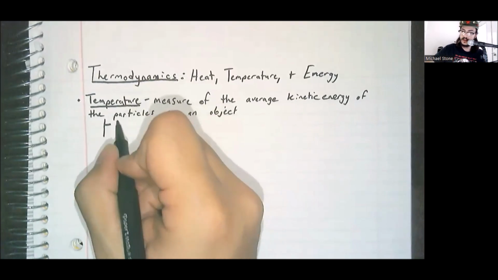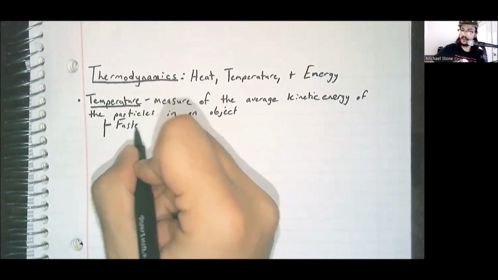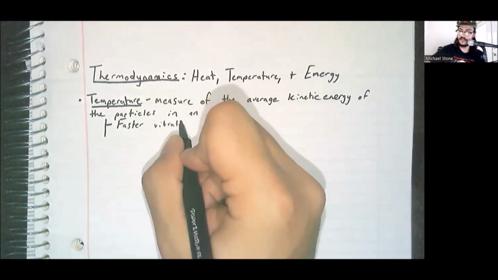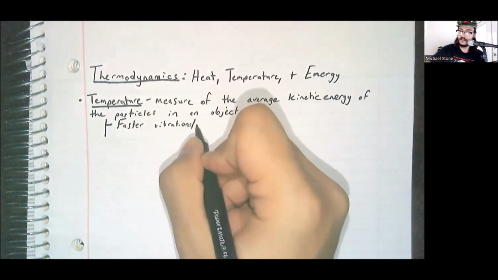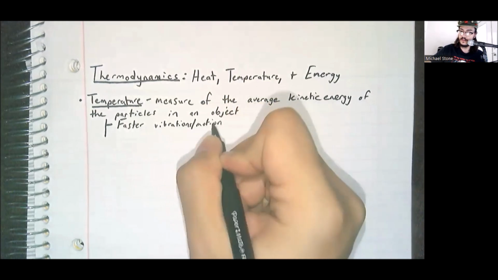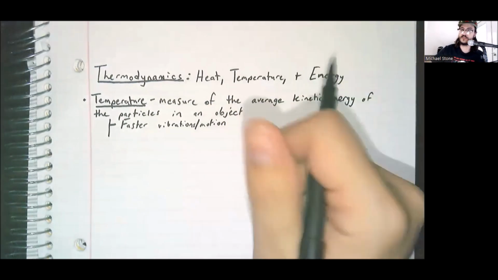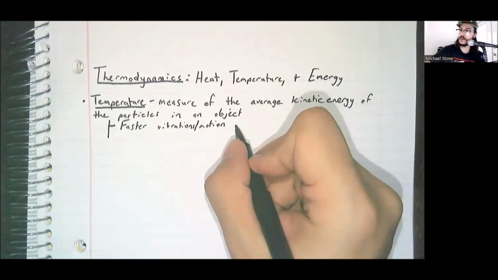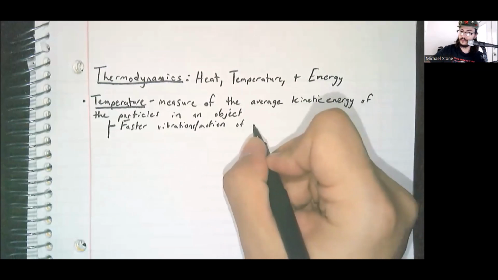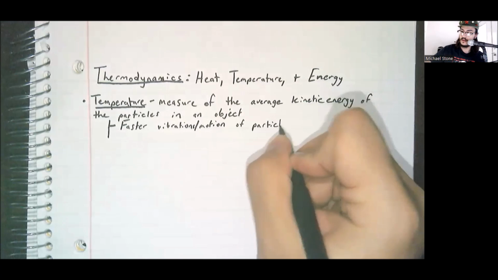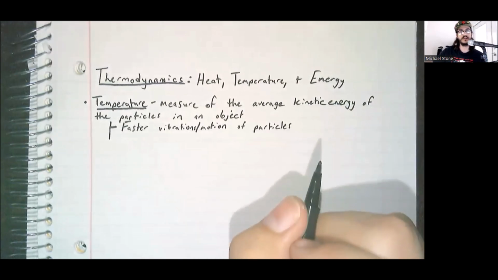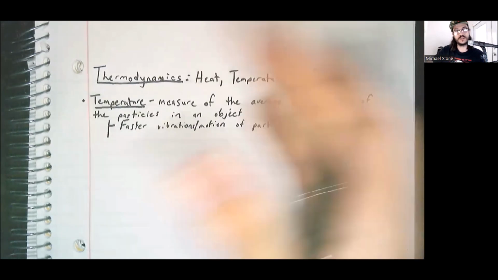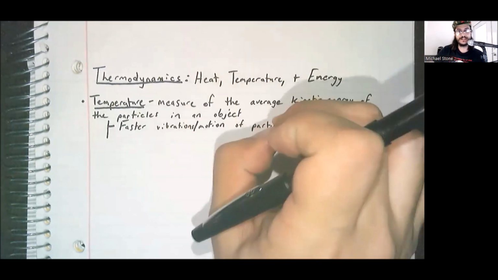With this, we can associate faster motion, vibrations if it's solid, the actual motion of the particle translating if it is liquid or gas. Faster motion of particles will correspond to higher, well, speed is proportional by its square to your kinetic energy.